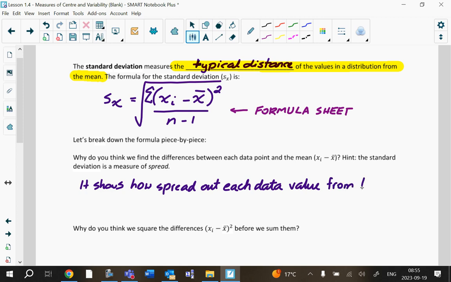And when I say the center in this case, I mean the mean.